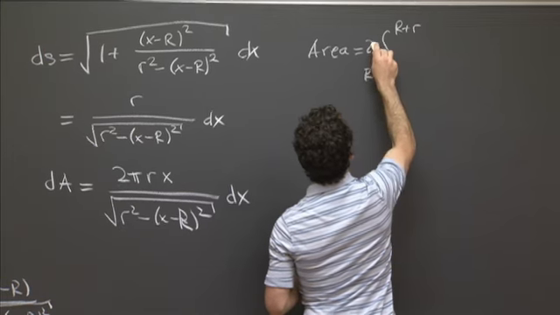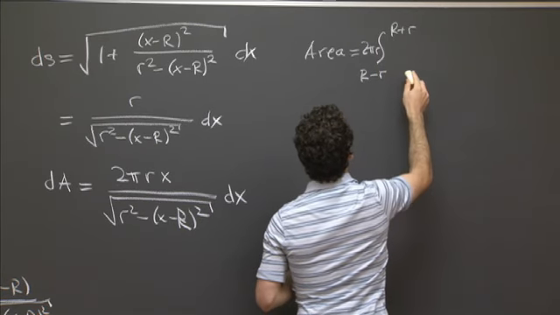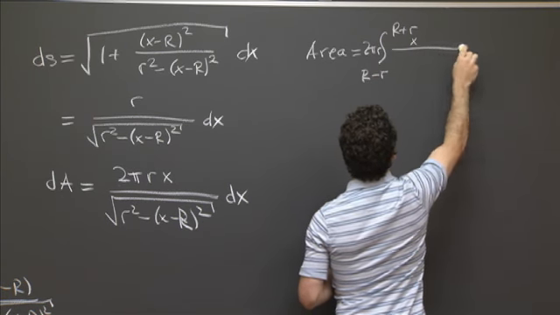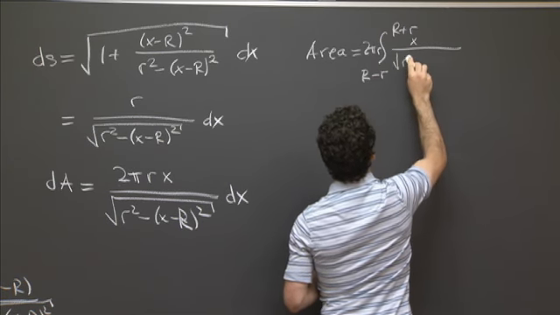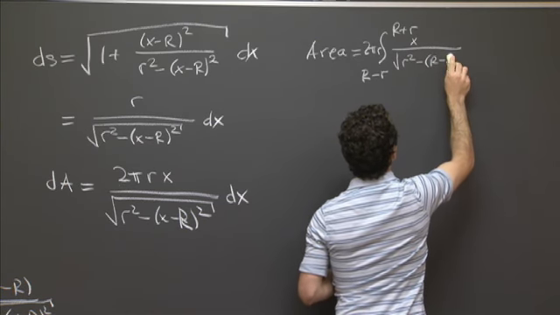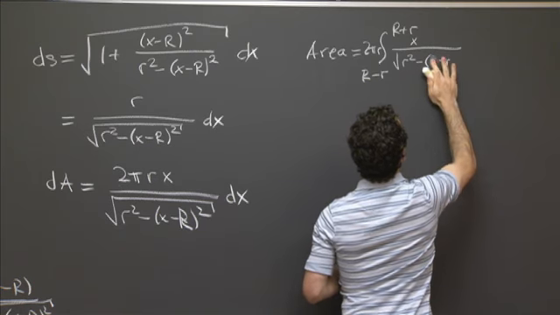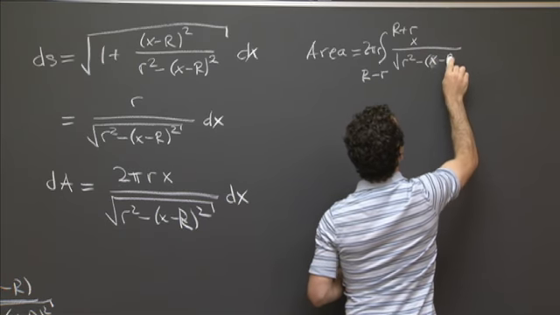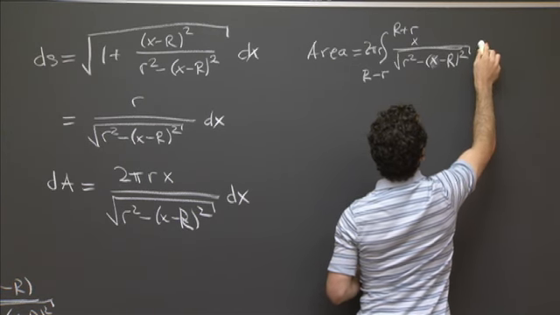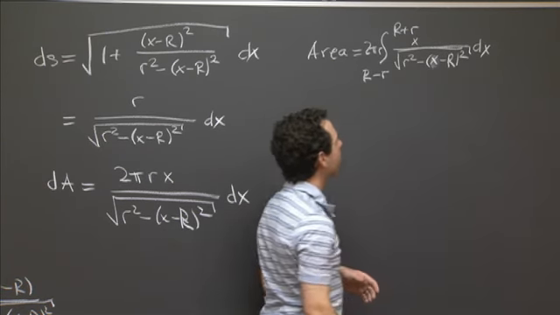So this is 2 pi little r times the integral of x over the square root of little r squared minus (x minus big R) squared, all under the square root, dx.